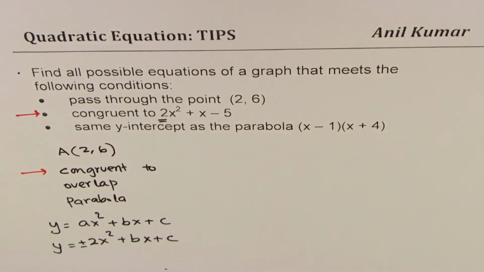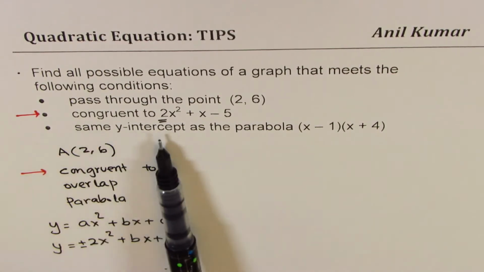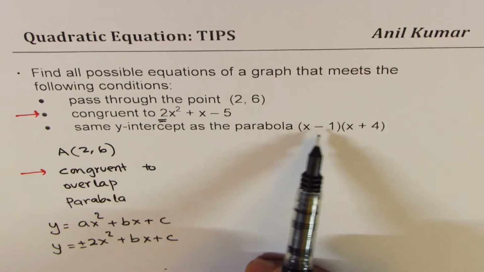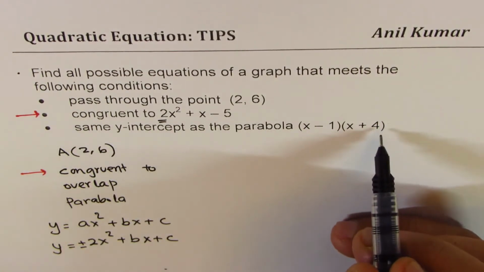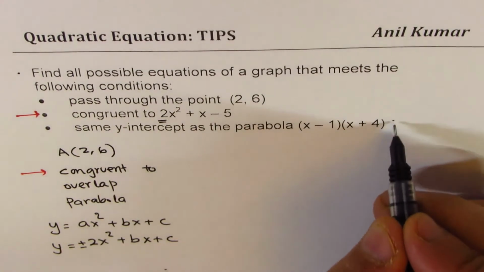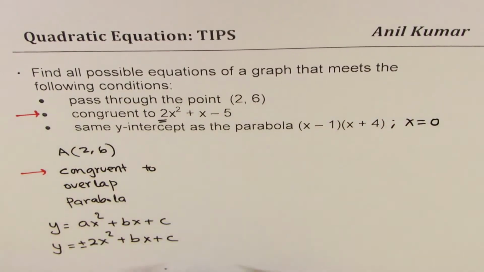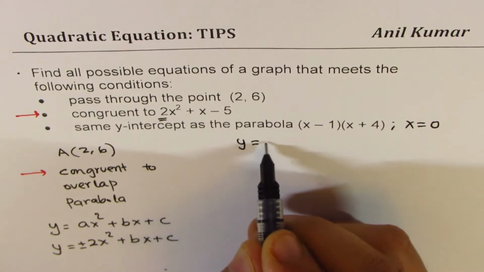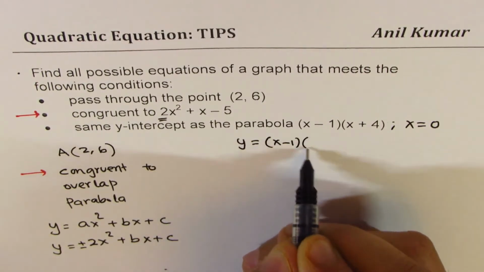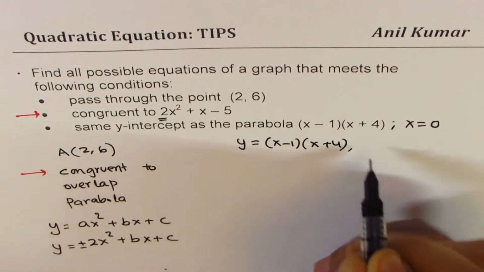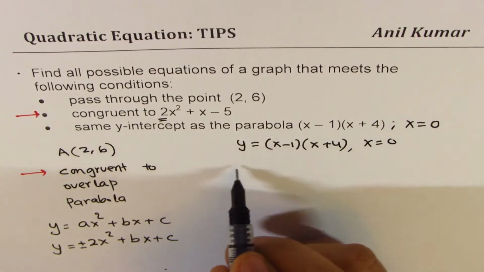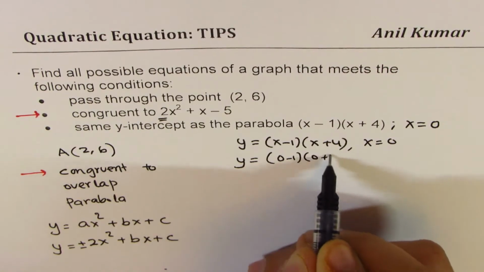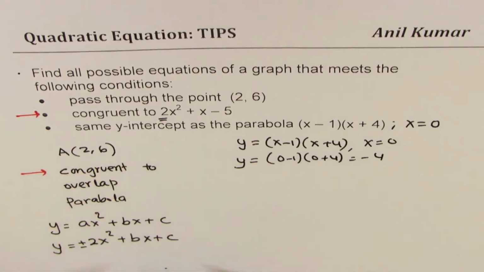Okay, now let's look into the third statement, which is the same y-intercept as this parabola. So let's find the y-intercept for the second parabola. Y-intercept means x equals 0. Now if I write the equation y equals x minus 1 times x plus 4 and substitute x equals 0, I get y equals 0 minus 1 times 0 plus 4, which is minus 4.